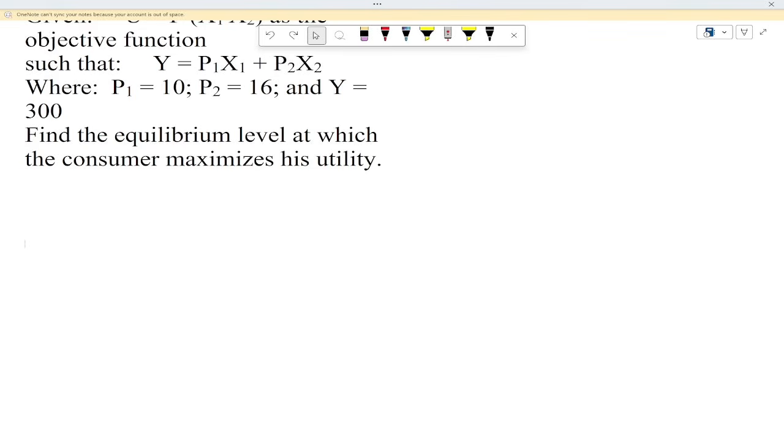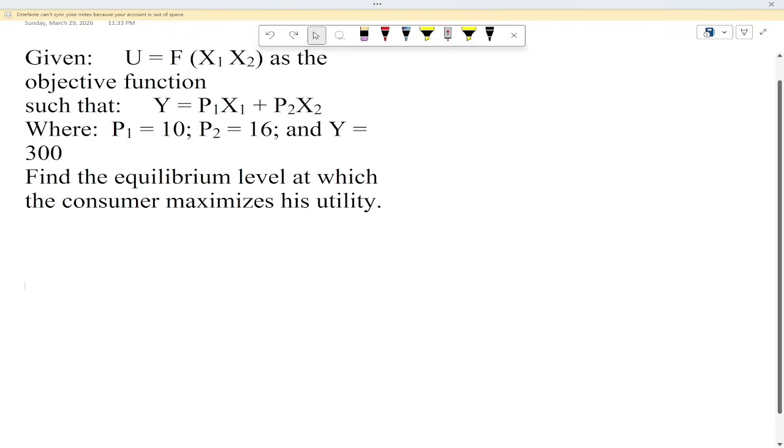So this is what you do. First, you restate the functions or the equations properly.